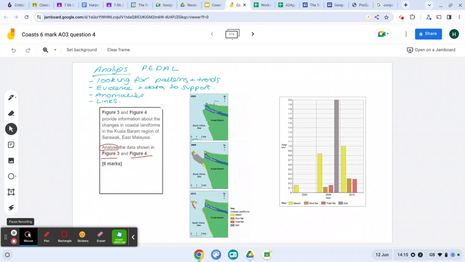I find it useful to annotate the images or graphs or figures or the data before I start writing out my answer. So here I would start to annotate, okay, so in 2005, we have this small beach. Using the key down here, I can see that it's about 2 kilometres long on the north shore.